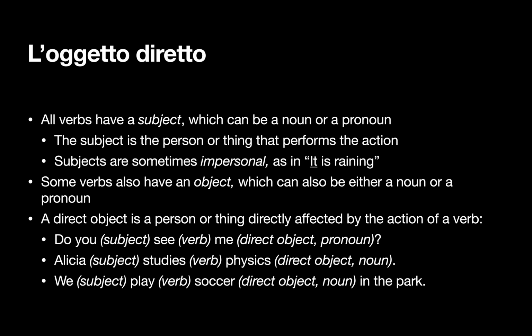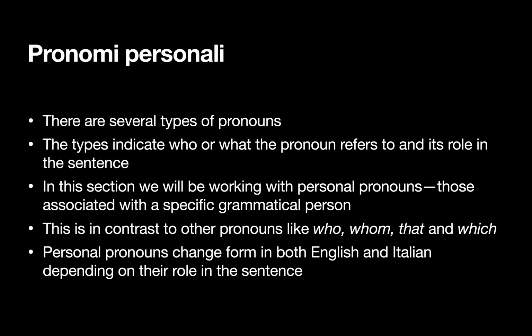Since there are direct objects, you might be wondering about indirect objects, and the answer is yes, there are indirect objects as well, and we will get to them later. There are several types of pronouns, and the ones that we're working with here are personal pronouns. They indicate who or what the pronoun refers to and what its role is in the sentence. We're not going to get that deep.